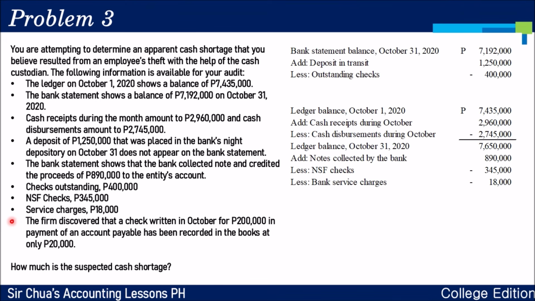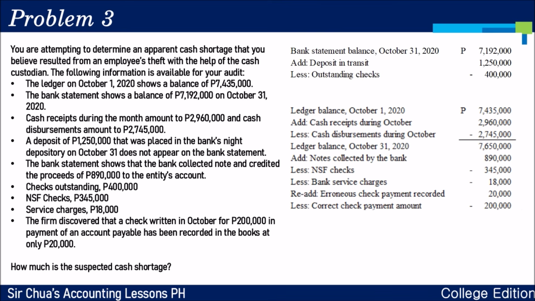So, ang gagawin po natin is, re-add your erroneous check payment, 20,000, para mawala po yung effect na nagbawas tayo ng maling 20,000. Tsaka po natin ibawas yung tamang ibabawas talaga natin, which is 200,000. Alternatively, you can just present it as negative 180,000. Pero pinresent ko sa inyo ng magkahiwalay para mas maintindihan nyo na i-re-add natin yung mali, tsaka natin ibawas yung tama. Okay? Kesa net adjustment tayo, medyo nakakalito yon.